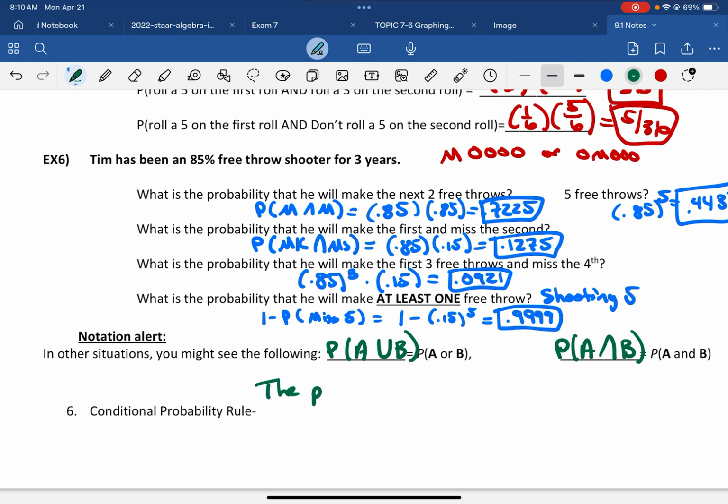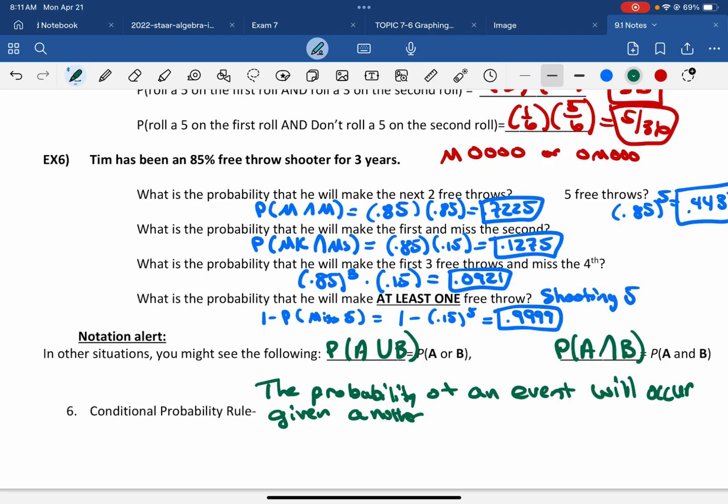Basically, the probability an event will occur given another event has occurred. Okay, so for example, the probability that the second roll on a die is a 4 given the first one was a 6.